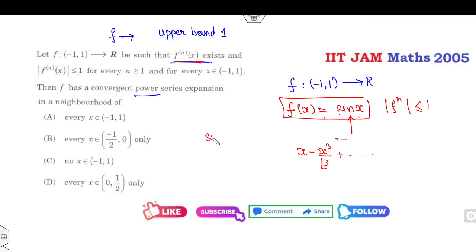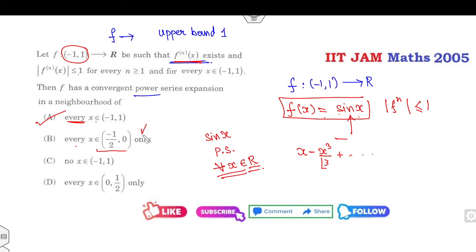We all know sin x has a power series and it is convergent for all x belonging to R. But in this case my domain is -1 to 1, so it is convergent for every x belonging to -1 to 1.